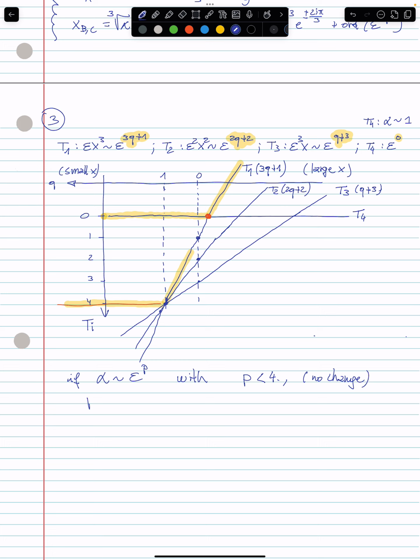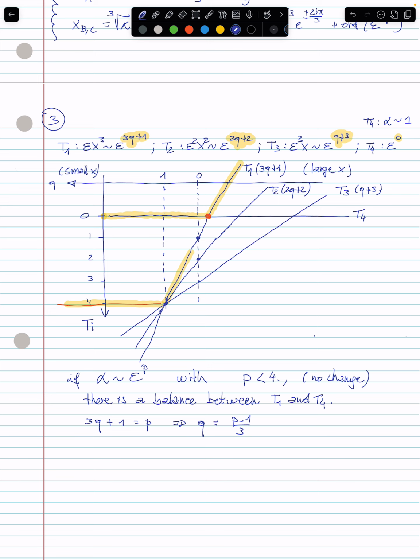There is a balance between T1 and T4, meaning that 3q plus 1 is equal to p, and therefore q is equal to p minus 1 over 3.